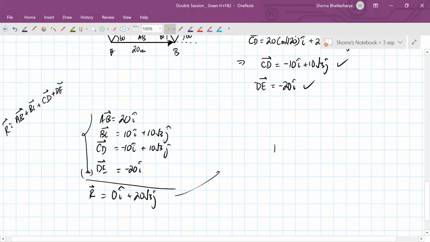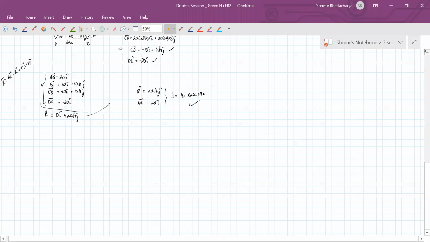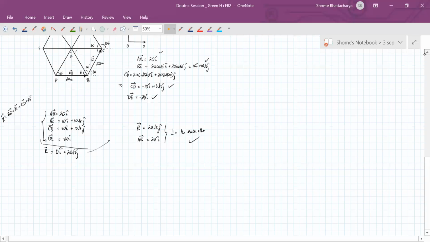So this resultant is basically 20 root 3 J cap, and you compare it with the vector AB, you can see that they are perpendicular to each other. So that is becoming right. Okay, so that's just one of the options. Now similarly we have to check all the options, but this is the general method of solving.